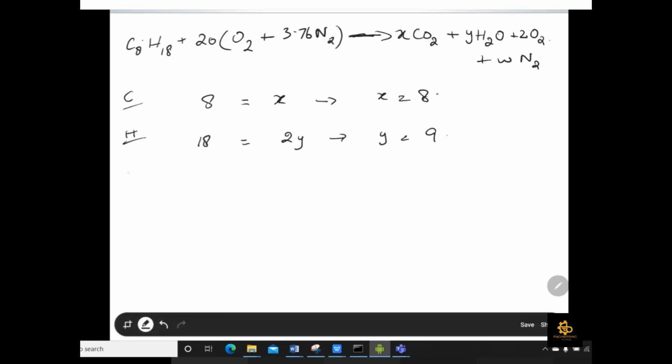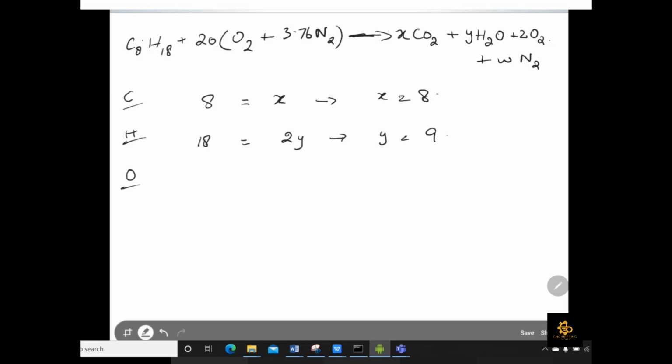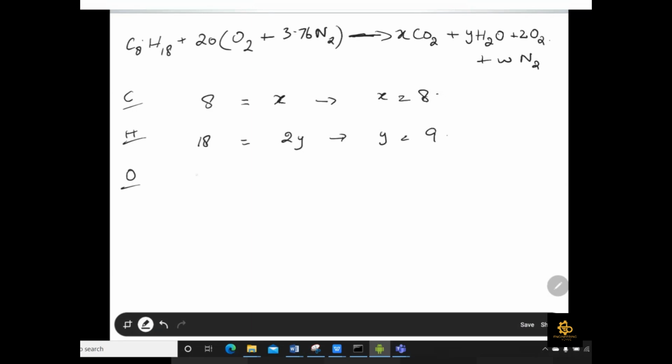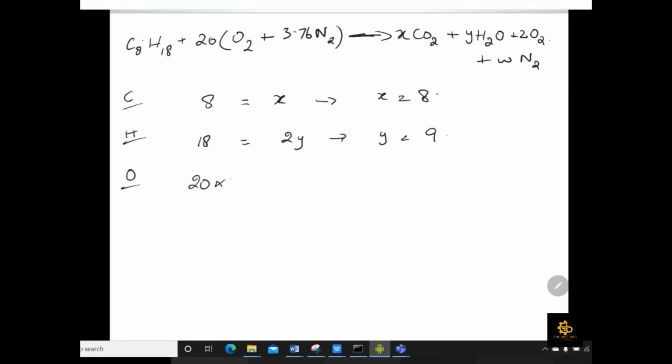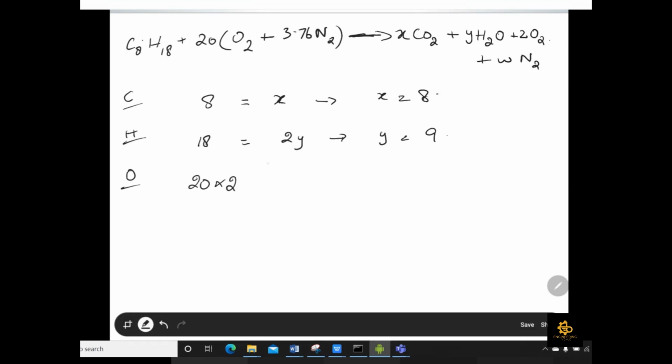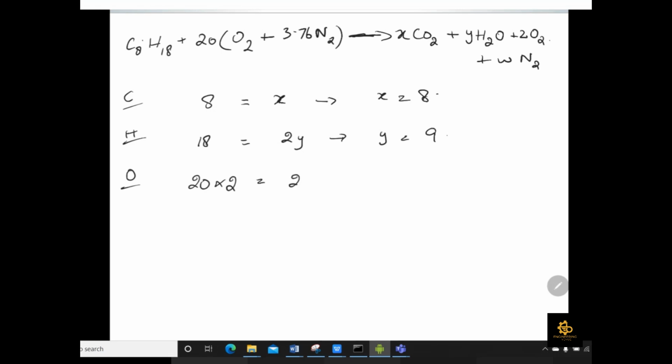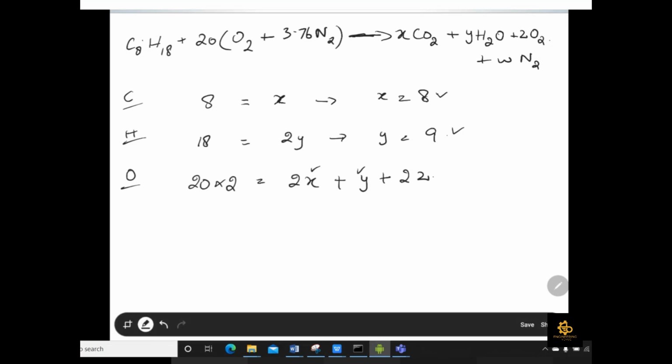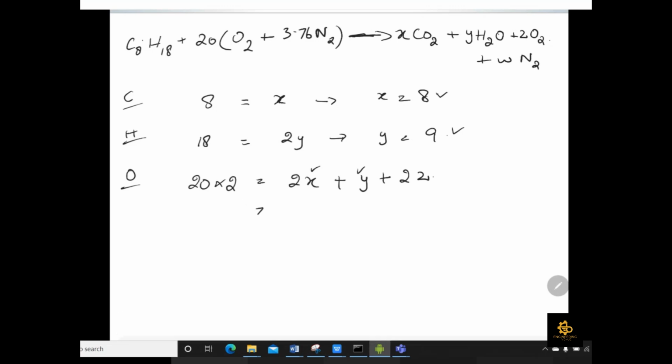In a similar way, you do the balance for oxygen, in its monatomic form. On the left side it is 20 into 2, and on the right side it is 2x plus y plus 2z. Now we have the values of x and y, so you plug these values into the oxygen balance and you will get z as 7.5.